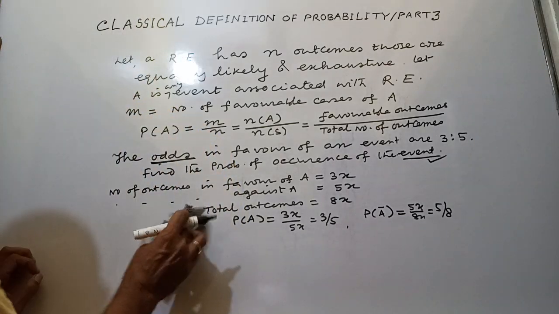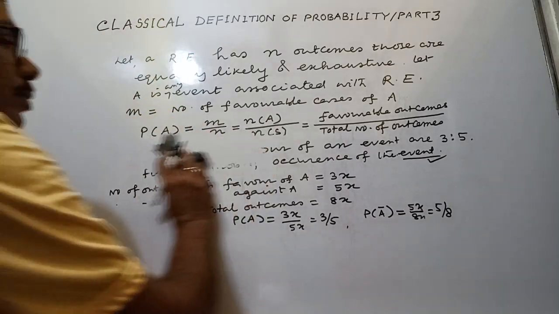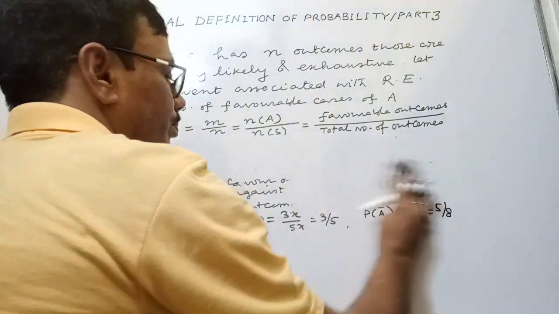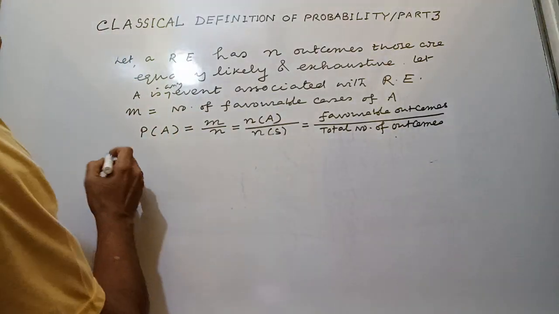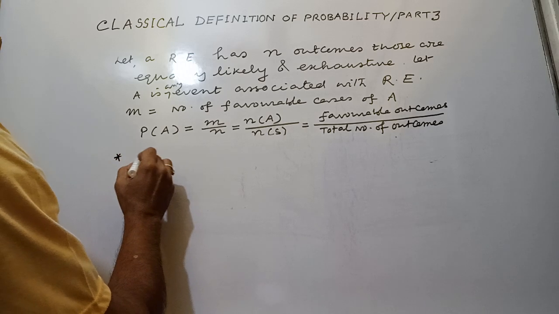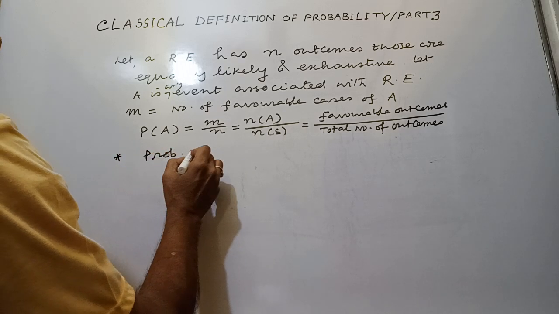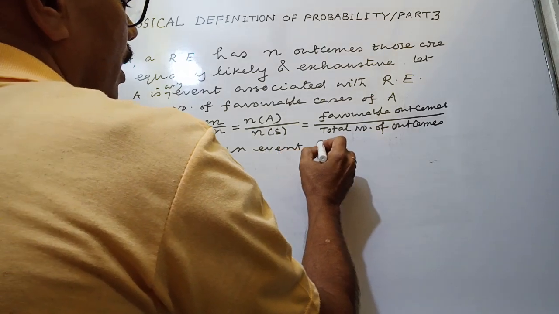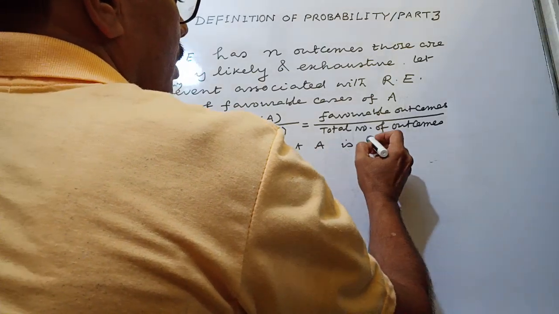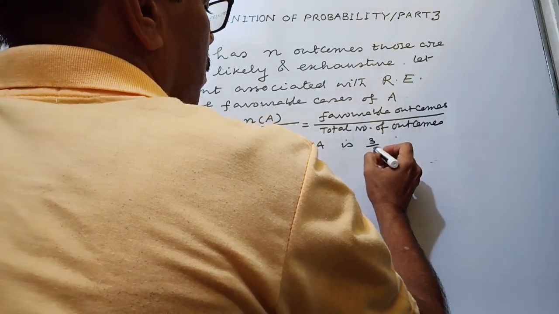Now the reverse problem. The probability of an event A is 3 by 5.